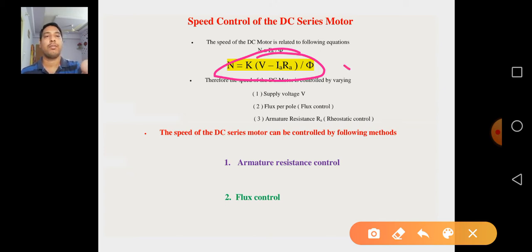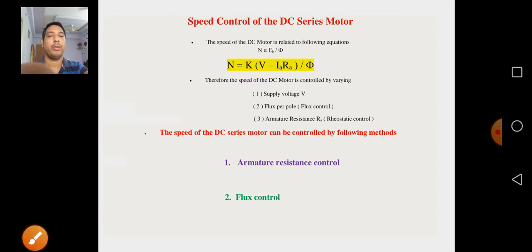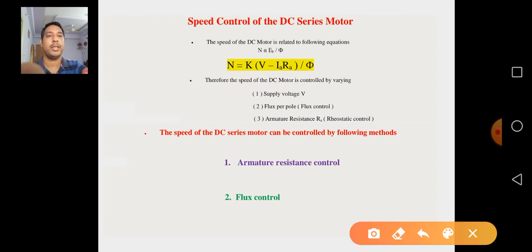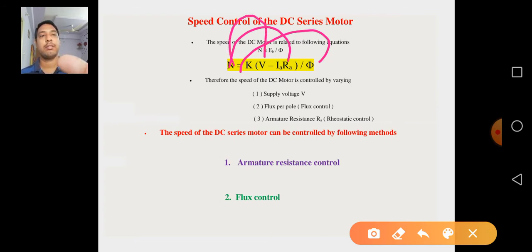From this equation, in how many ways can the speed be controlled? Here the speed is related to IA, and also to the flux. Another relation is that the speed is also related to the supply voltage V.